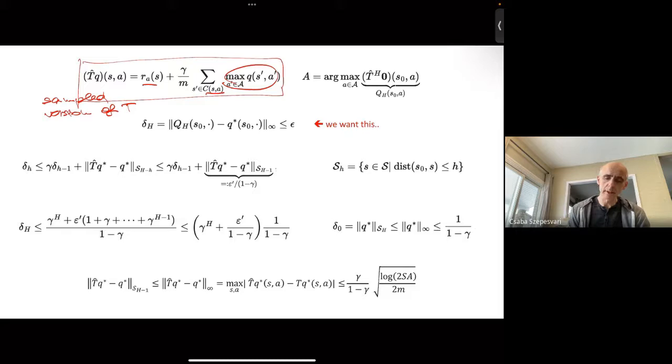And so then you can imagine that if you have this sampled version of the Bellman optimality operator, and this operator is in a way close to the true operator, so T hat is close to T, then if you use this sampled version of the Bellman optimality operator in this recursive call h times, and you look at the result at this initial state s naught, where you want to calculate a good action, then you can just use the result of this calculation as if there was no difference between the sampled operator and the true operator.